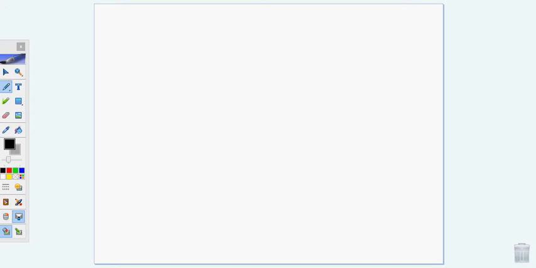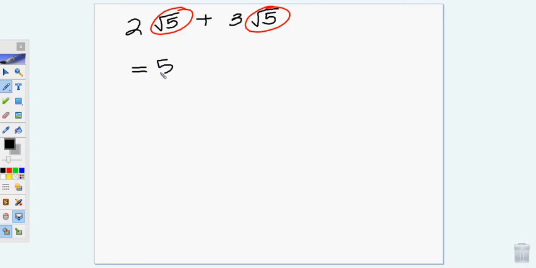So for example, if I have 2 times the square root of 5, and I add it to 3 times the square root of 5, this square root of 5 and this square root of 5 are the same, so I can treat it like a variable, and this equals 5 times the square root of 5 if all I do is add up these values. The same is true for subtracting. When you're simplifying radical expressions, this is a really good way to combine them as much as possible.